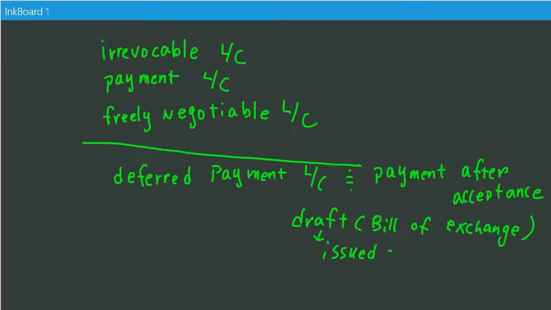Once the draft is issued, we can call it payment after acceptance, but without issuing a draft, we go with deferred payment. This is to distinguish between two similar payment methods.